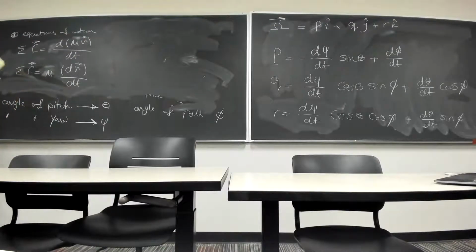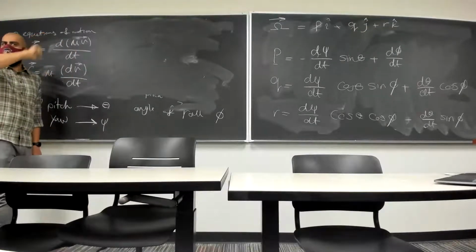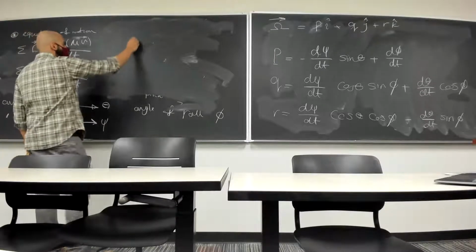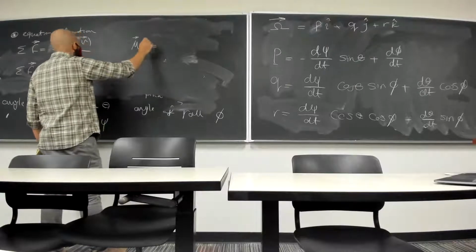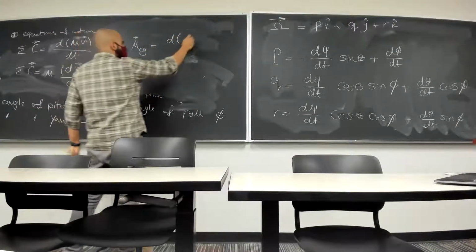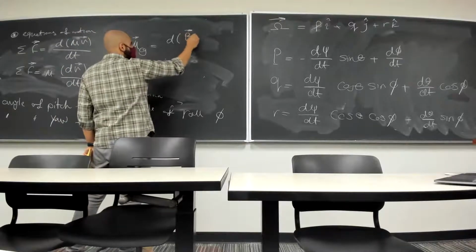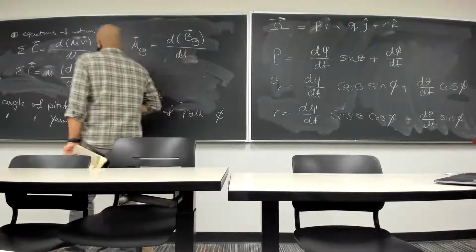We usually start with the most general format. That essentially will be the angular version of Newton's second law, which is going to be your moments around the center of gravity, equal to the derivative of angular momentum, dH of CG divided by dt.